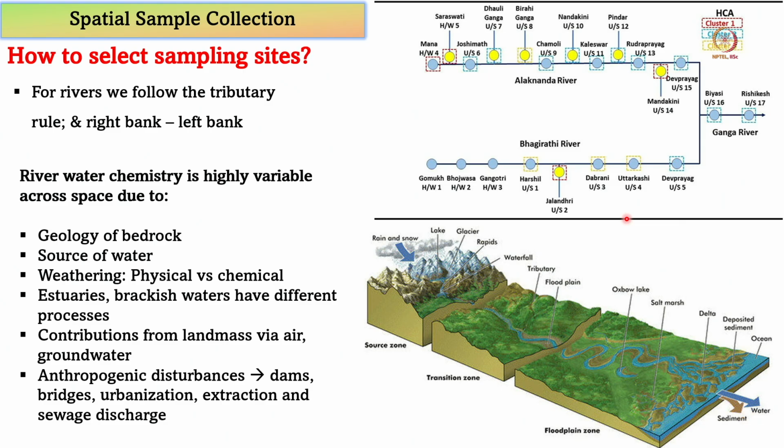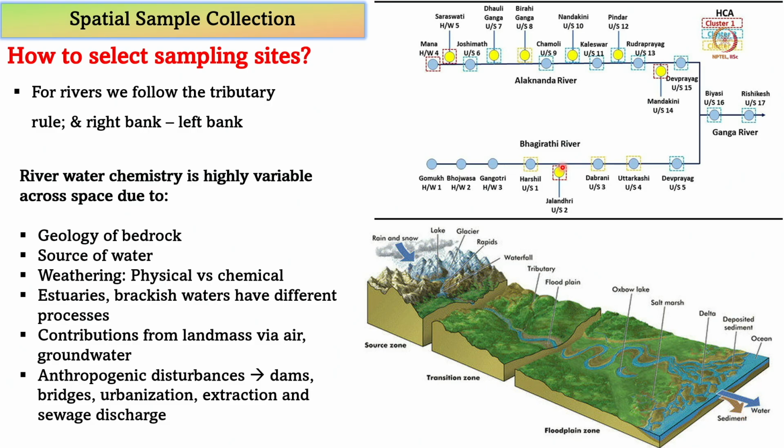So I have shown here an example, a map of river Ganga, where it is starting from Gomukh, and then it is flowing through different locations. So this is Gangotri, Harshil, these are the different locations, and different tributaries, as and where they are joining, you collect a sample, right? So we follow what is called the Y pattern of sampling.